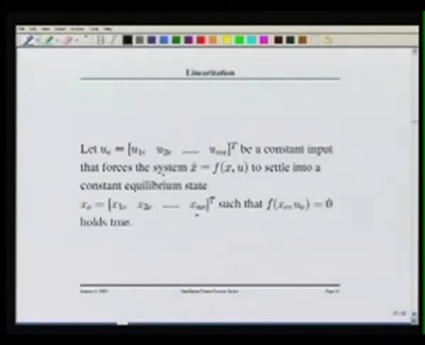Corresponding to the point of equilibrium xe and ue, where ue is the vector u1e, u2e, ..., ume, and xe is x1e, x2e, ..., xne. So, we have xe and ue, this is an equilibrium point, and this holds true: f(xe, ue) is 0.